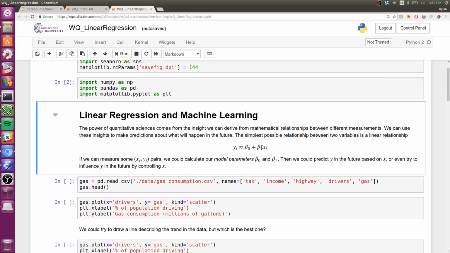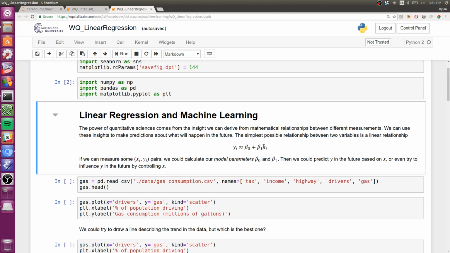So, linear regression, in its simplest form, is you are trying to find a linear relationship between two variables, y and x. And since this is a linear relation, the form of the equation must be x times some number plus some other number.